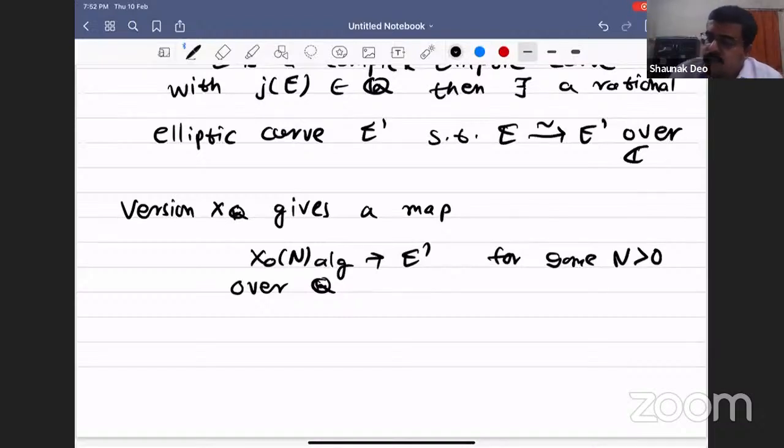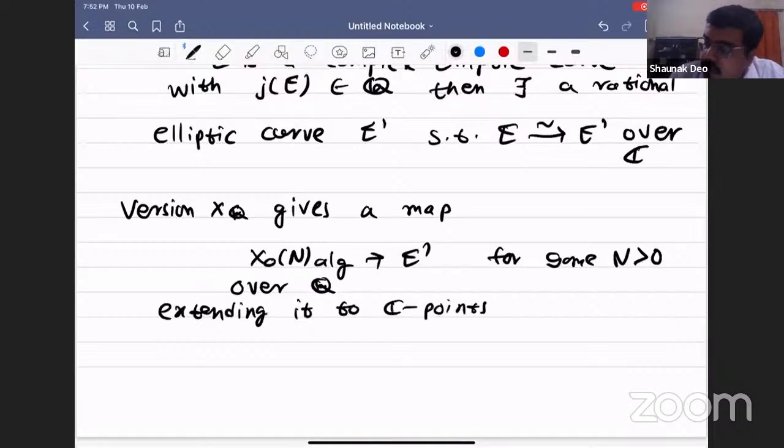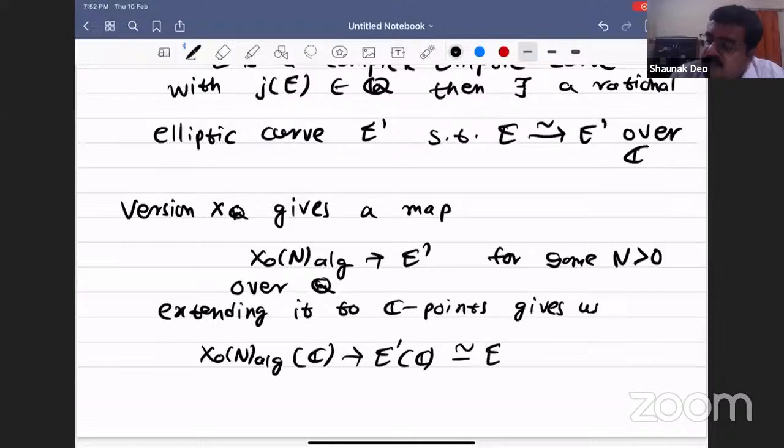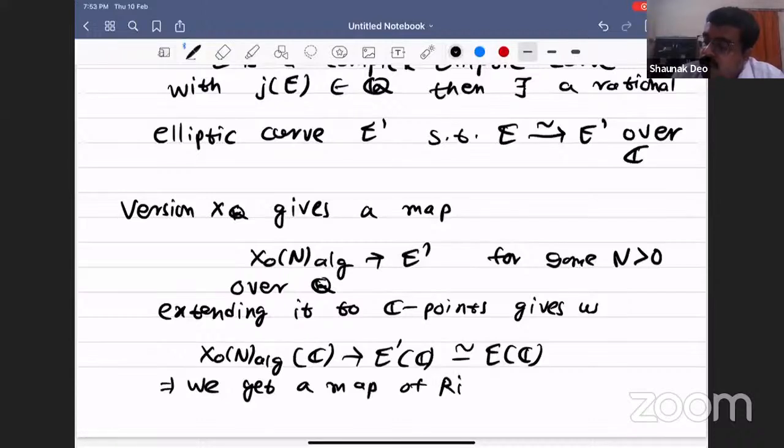Anyway, continuing. So we have this map from X_0(N) to E prime. So we go to the C points. Extending it to C points gives us a map between C points, X_0(N)(C) to E prime(C), but we know that E prime(C) is isomorphic to E(C) because E and E prime are isomorphic over C. So this means we get a map of Riemann surfaces.